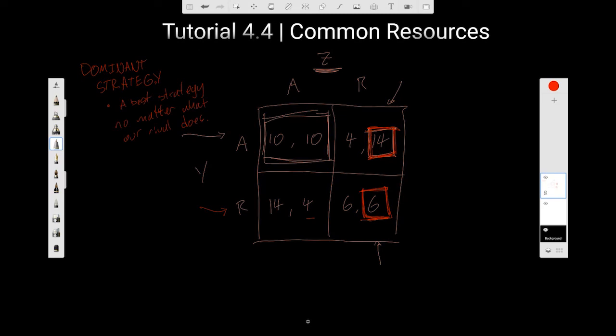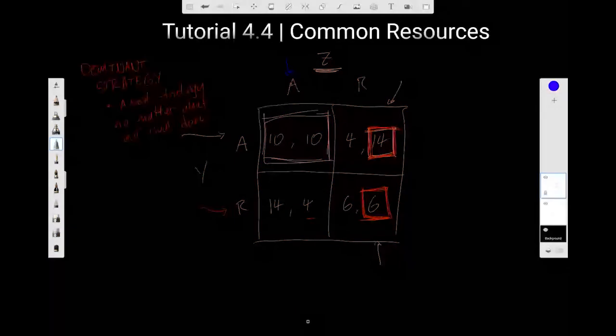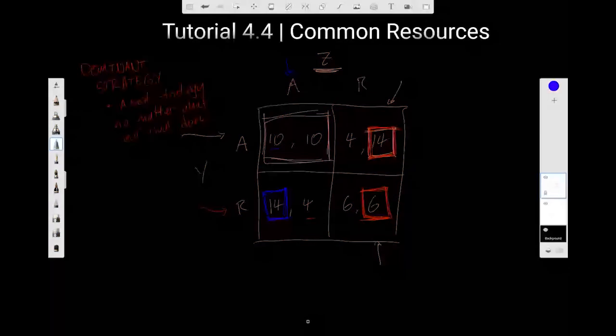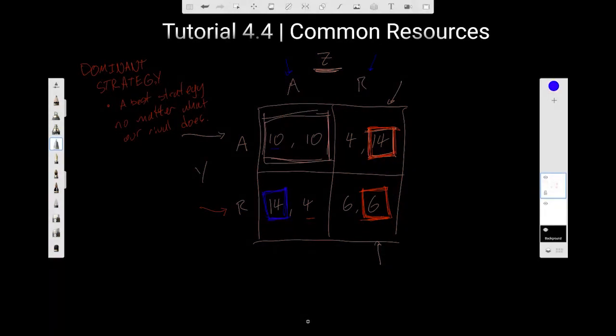All right. So let's walk through this same type of logic for Yuri. So let's say, and let's do this in blue, let's say Zeta is for sure choosing the agreement. What should Yuri do? Well, Yuri's given the choice between A, which gives a payoff of 10, and R, which gives a payoff of 14. So Yuri, we're going to box this. Because Yuri can get a payoff of 14 by choosing R, Yuri should choose R. So what if Zeta is choosing renege?